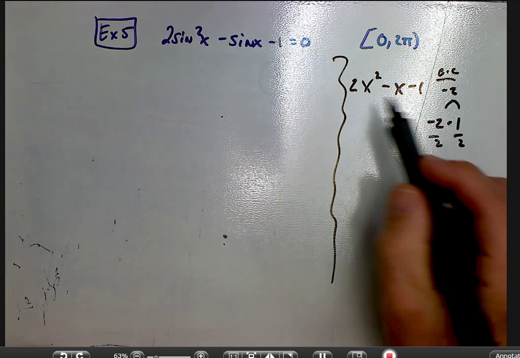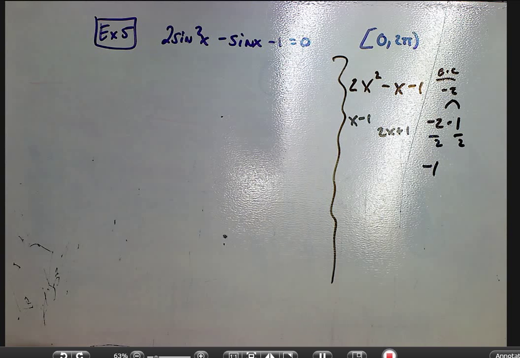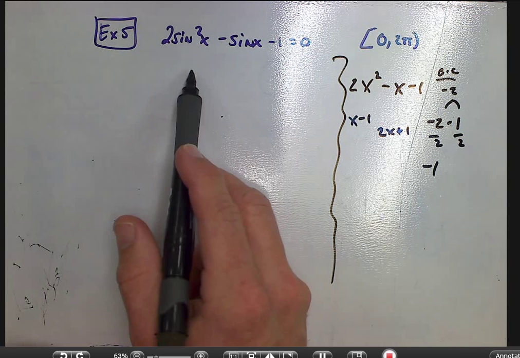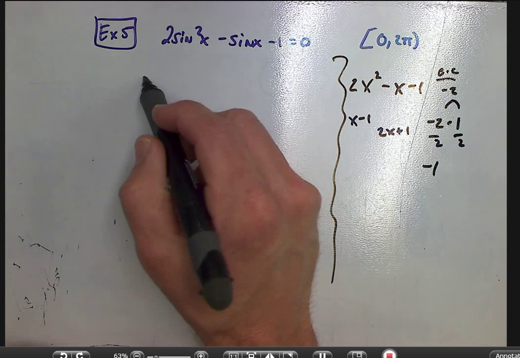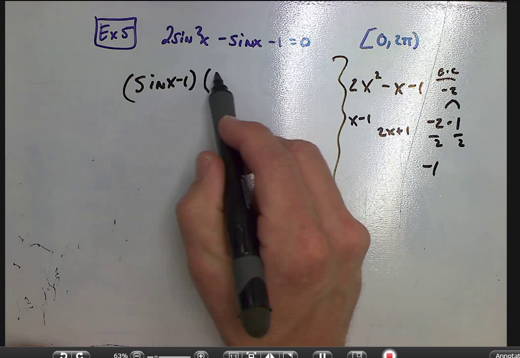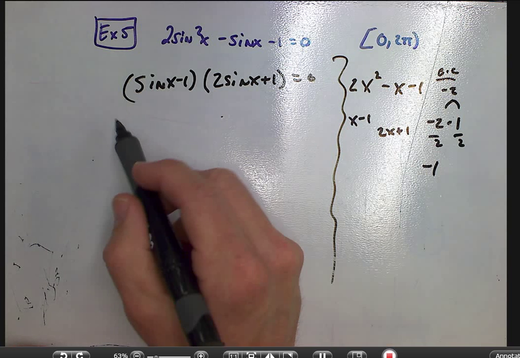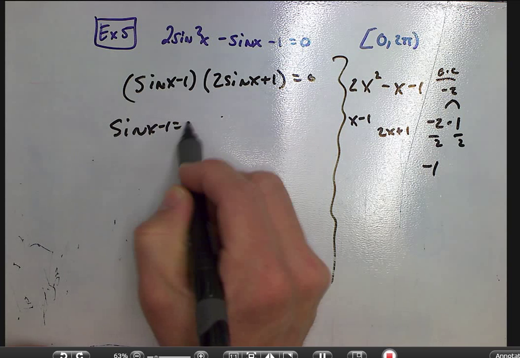And so this factors to x minus 1 and 2x plus 1. Something you should remember. Now come over here and change the x's into sine x. And now you have sine x minus 1 and 2 sine x plus 1 equals 0. Set my factors equal to 0 and solve.